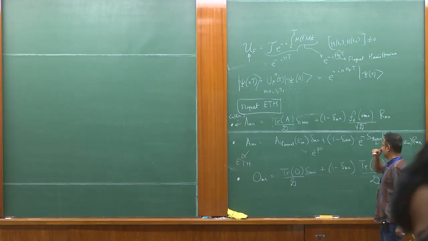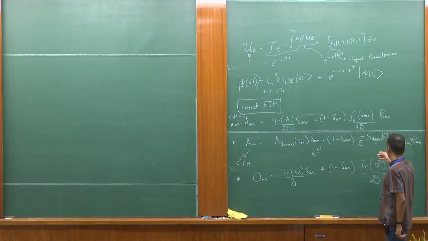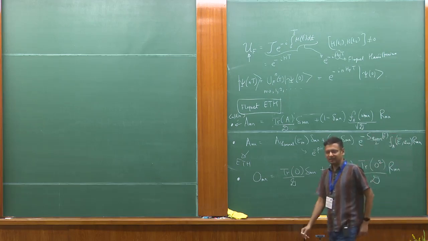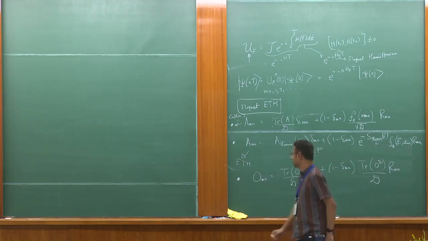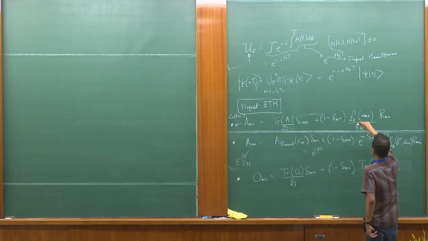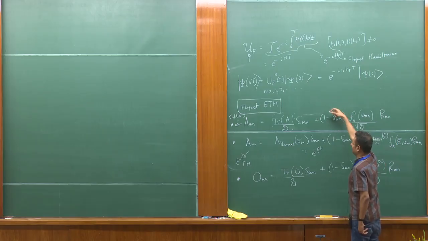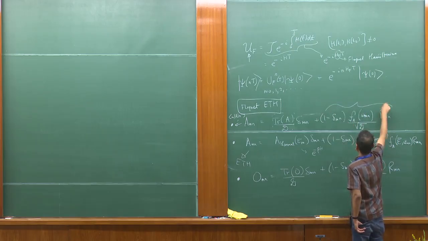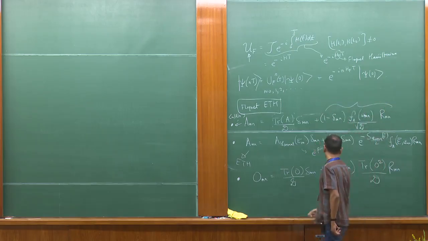But what I also pointed out yesterday was, at least to the best of my knowledge, while there are several nice works on understanding off-diagonal ETH in undriven systems, the same kind of object in driven, Floquet systems is not so well explored.